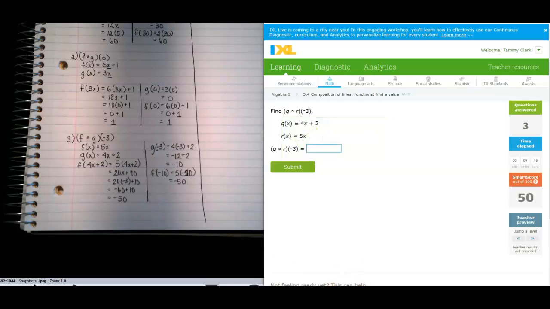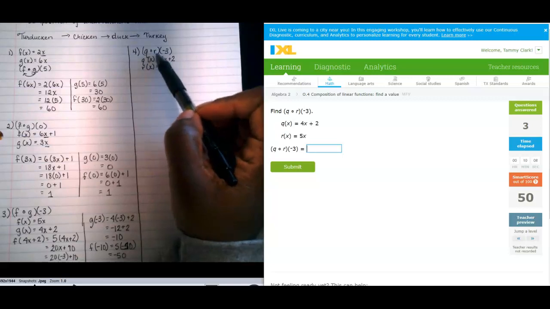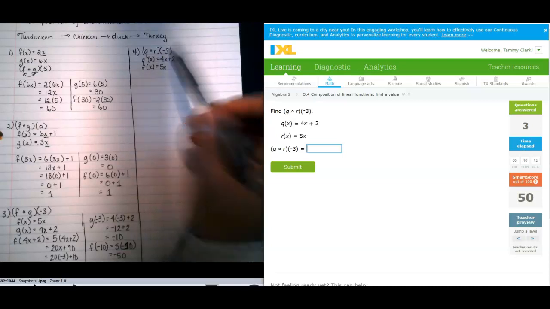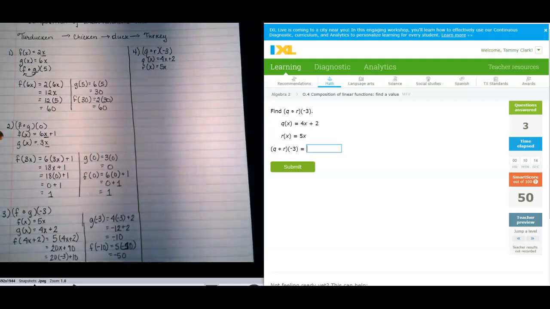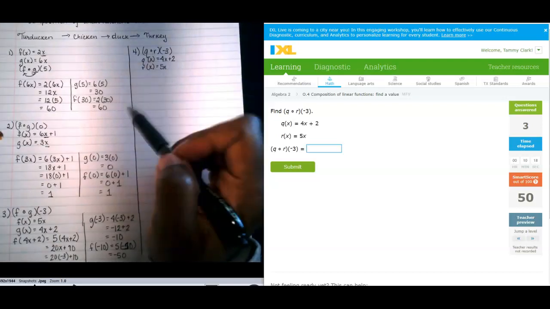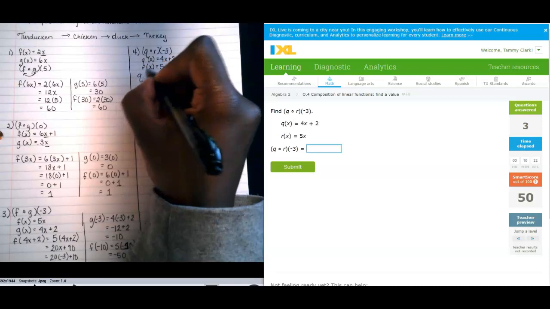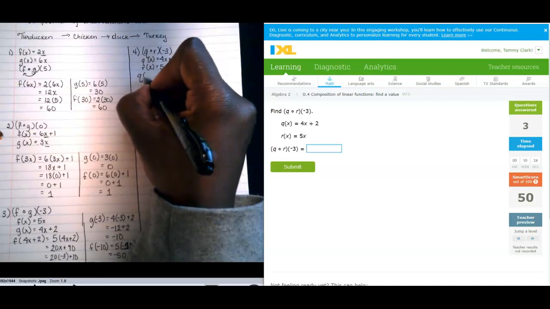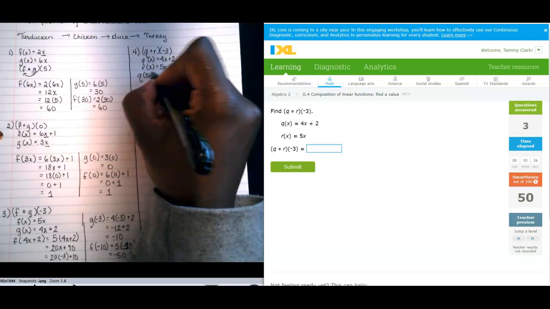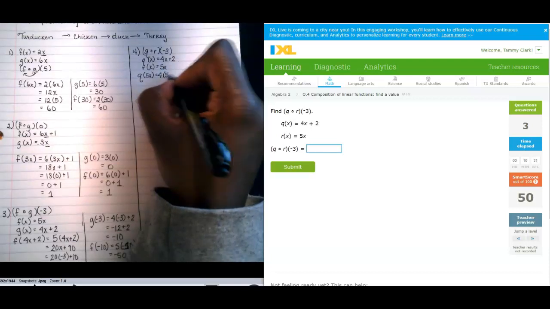Alright, let's move on. This time I've got the composition of Q and R, where the value of x is -3. So again, I'm going to take the inside function and put it inside the outside function. So I'm going to say Q of 5x, and where I see x, I'm going to put 5x in its place.